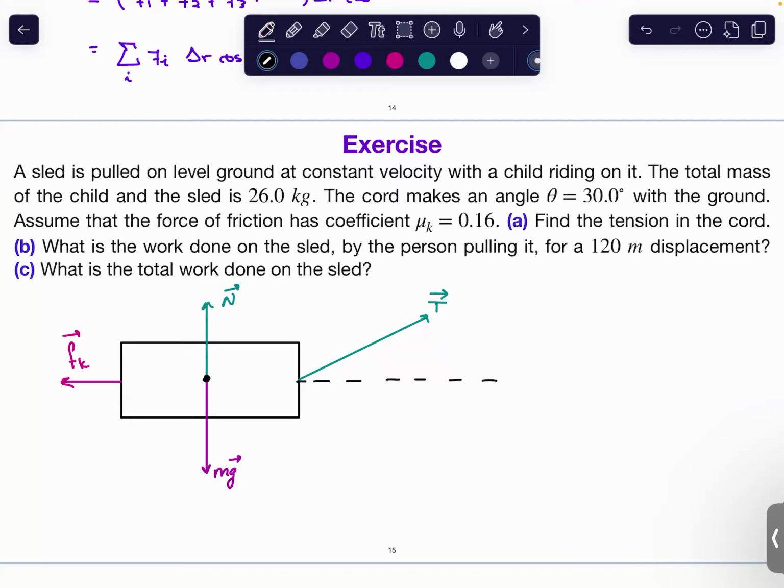Then, of course, your tension going to have components x and y with your angle theta. So we have positive x and positive y directions.